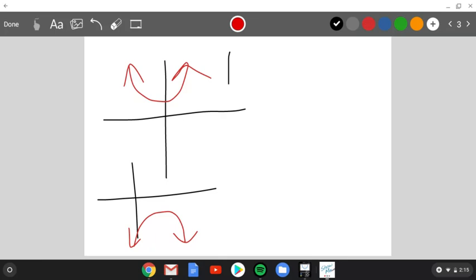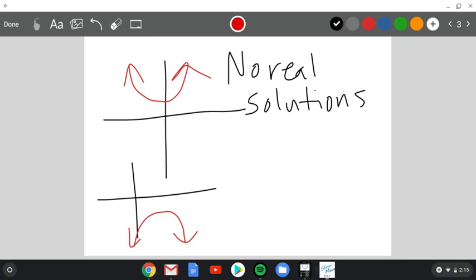So when that happens, we say we have no real solutions. And it's important to use the word real because there's such a thing as imaginary solutions that you'll get into in Algebra 2. So these parabolas that don't cross the x-axis still have two solutions, but they're imaginary solutions that you'll deal with in Algebra 2. So for now, when it doesn't cross the x-axis, we'll just say no real solutions.